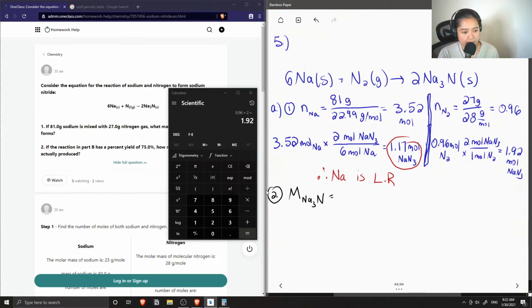So sodium nitride, its molar mass is 3 times the molar mass of sodium plus the molar mass of nitrogen.